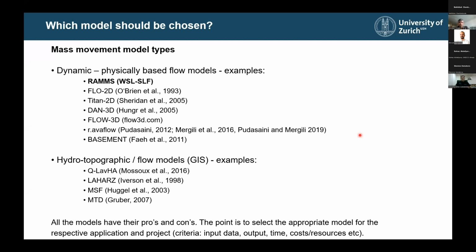RAMS is also widely used, tested and verified in many regions of the world, and we have very good collaboration with our colleagues from Davos. But also to say, if you now learn this model, the basic principles of several of these models are similar, so you will also have an advantage if at one stage you want to learn or use another model.